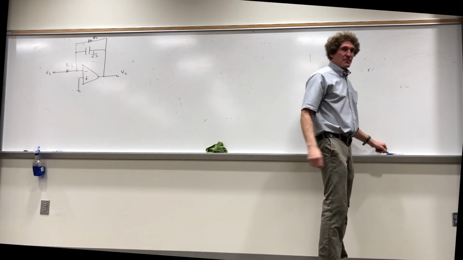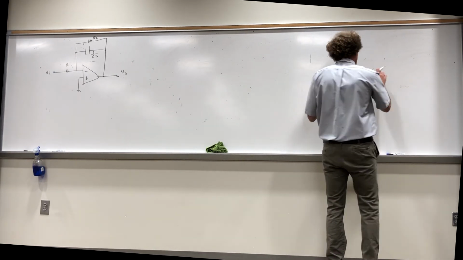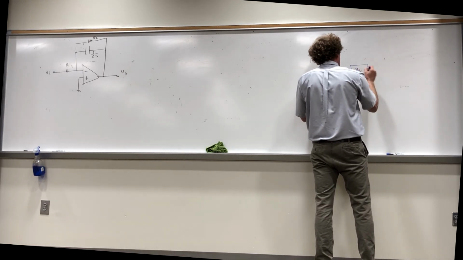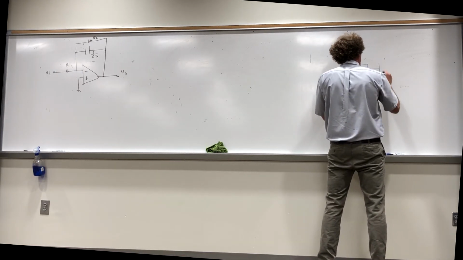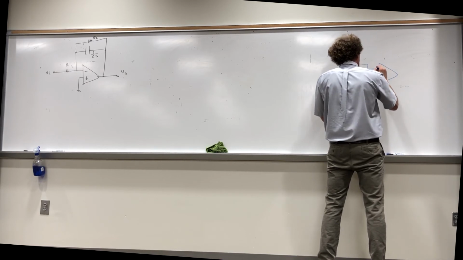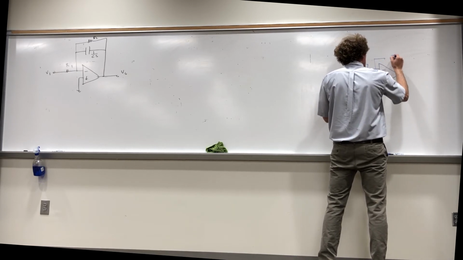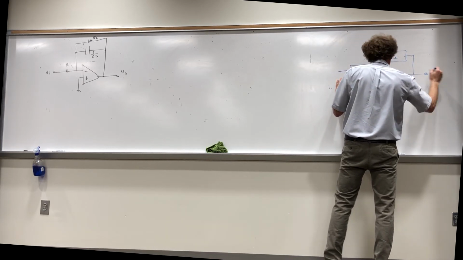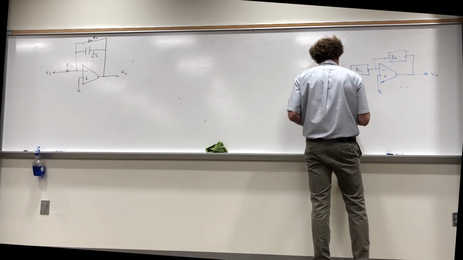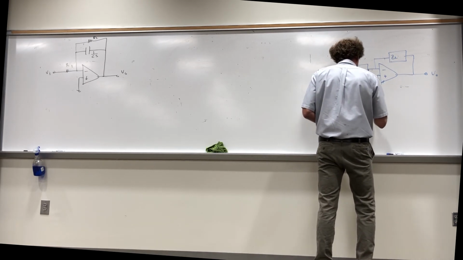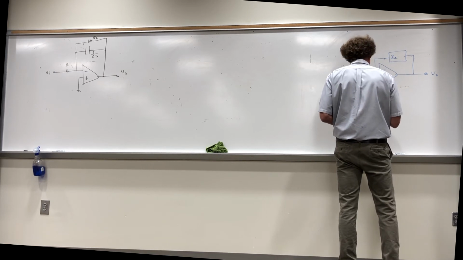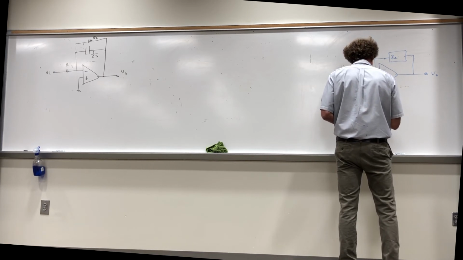I showed you something earlier where I said if you had a circuit and you just had some input Z1 impedance going to the negative terminal of an op amp, that's the positive, and then you had a Z2 feedback, that I said AV here was minus Z2 over Z1.